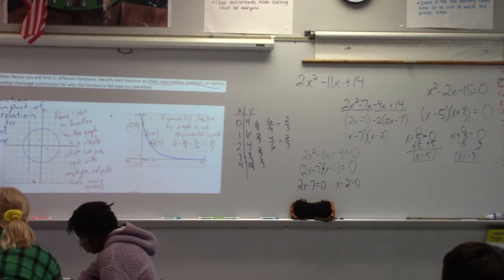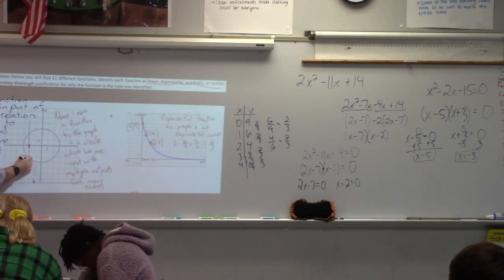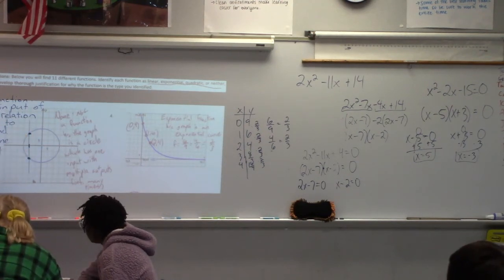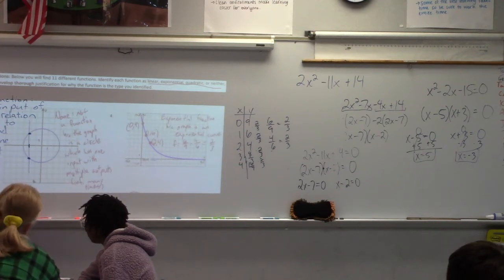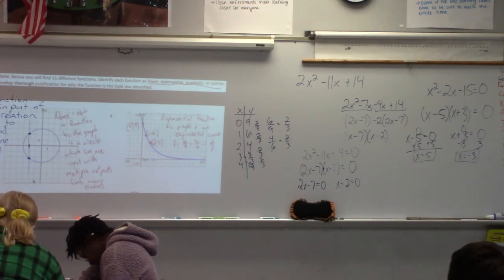That's the definition of a function. But you see this one input has how many outputs? 2. That's why the vertical line test works. Because if the vertical line hits more than one point, that means that one input has multiple outputs.